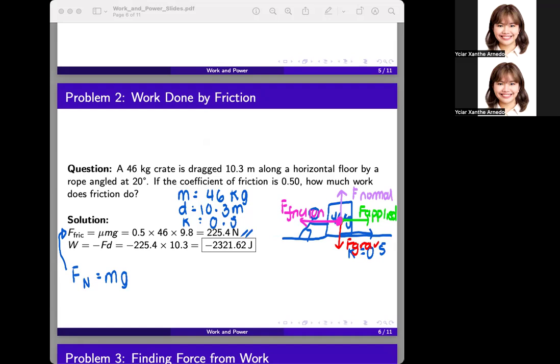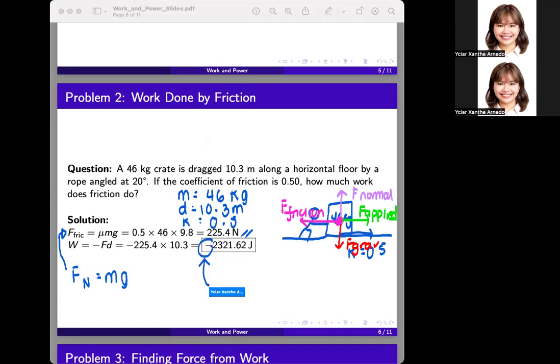So we use this value to solve for work. We get work due to friction is equal to Fd. So we multiply 225.4 newtons times 10.3 meters. And we get 2321.62 joules. But where is this negative sign coming from?